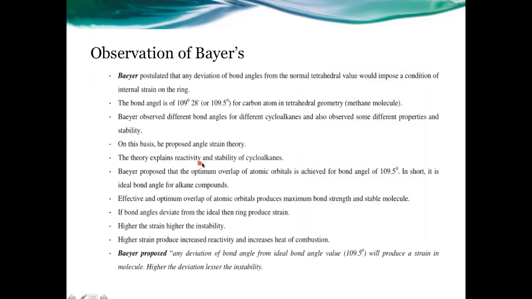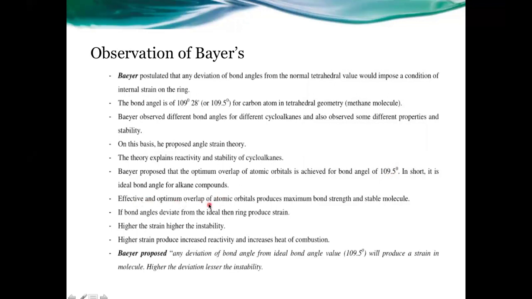The theory explains the reactivity and stability of the cycloalkanes. Baeyer proposed that optimum overlap of atomic orbitals can be achieved at an angle of 109.5 degrees. In short, it is the ideal bond angle for all the alkane compounds, that is 109.5 degrees.